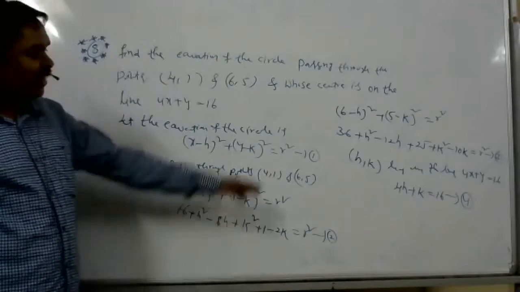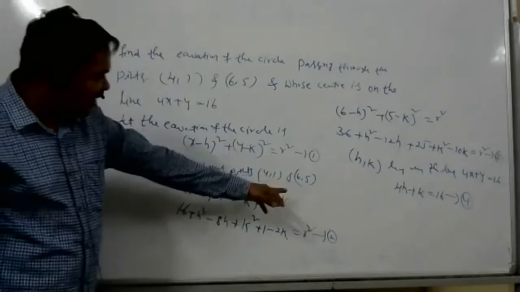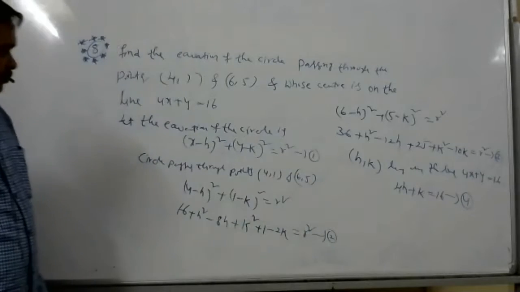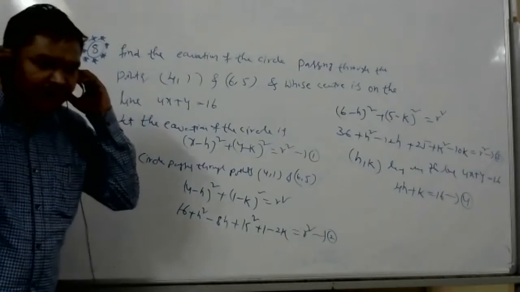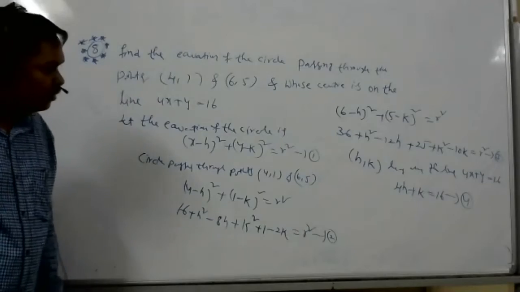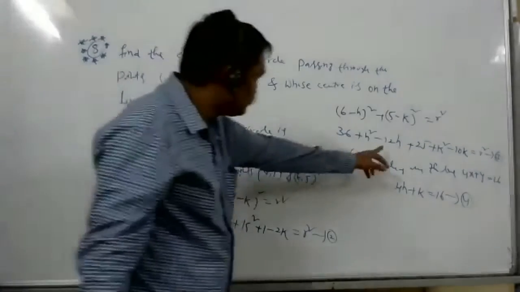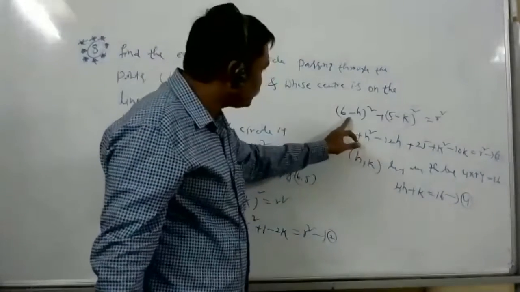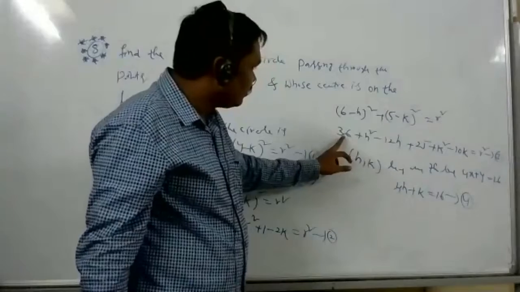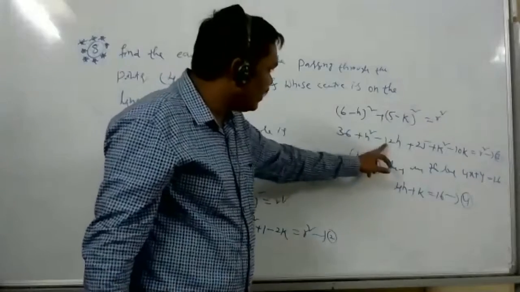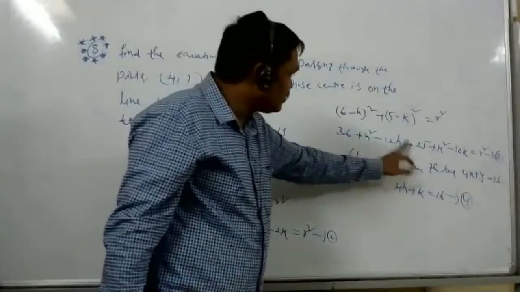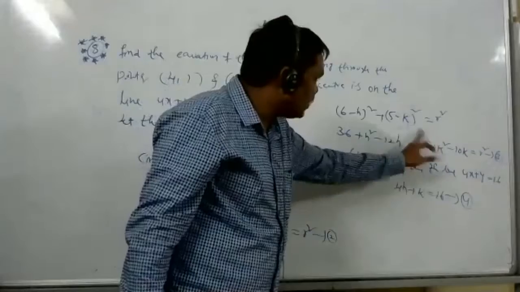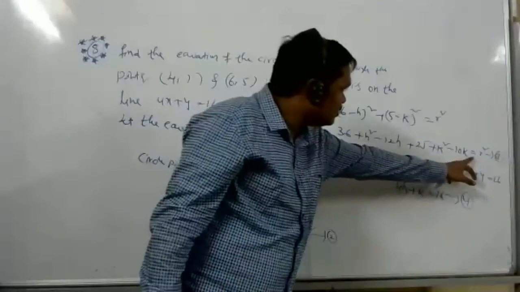Next, on subtracting 3 and 2. Sir, can you explain the third equation once? Yes. Now open (6 minus h) whole square: 36 plus h square minus 12h plus 25 plus k square minus 10k is equal to r square.